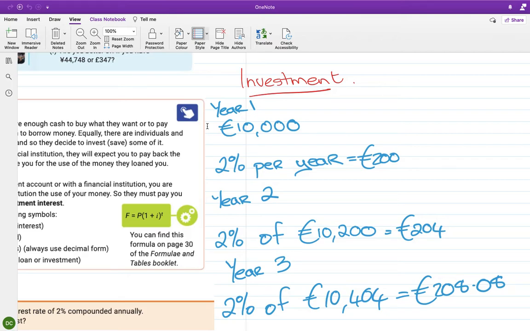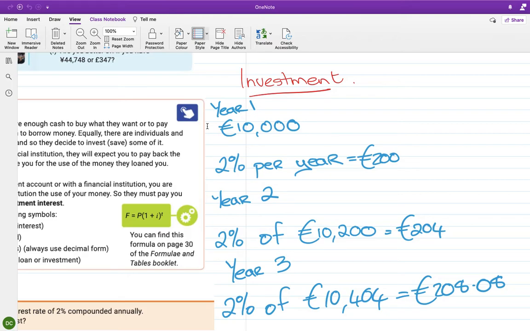But if you borrow €200,000 to buy a house, you don't pay back €200,000. You pay back €200,000 plus 2% compound interest. And that compound interest is compounded over normally 30, 35 years. So the bank get a lot more back than what they actually lend you. And that's why they do it. Long-term loans like mortgages are worth a lot of money to the bank.